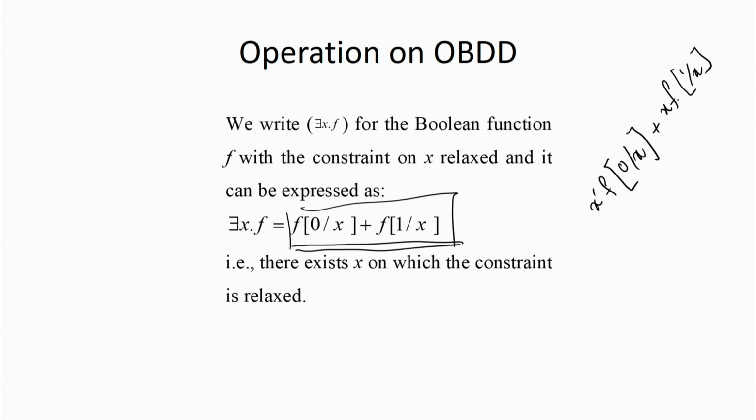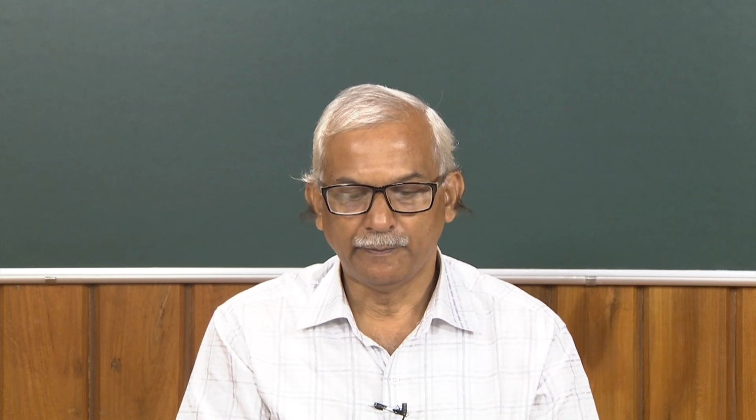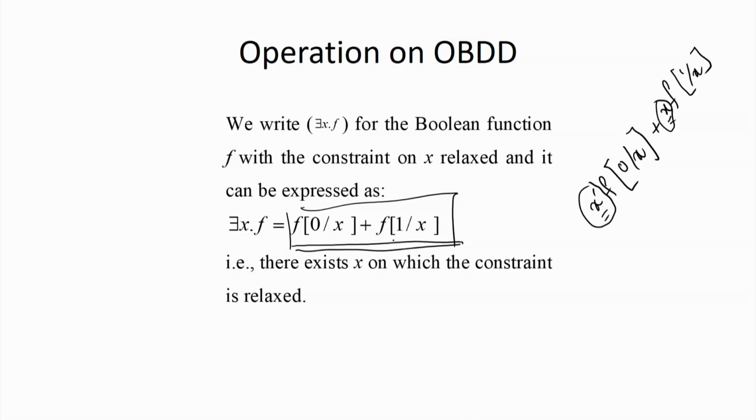Now we want to relax the constraint on this variable x. So, from Shannon expansion, if we relax the constraint on x, the evaluation of the Boolean expression becomes f of x replaced by 0 plus f of x replaced by 1.